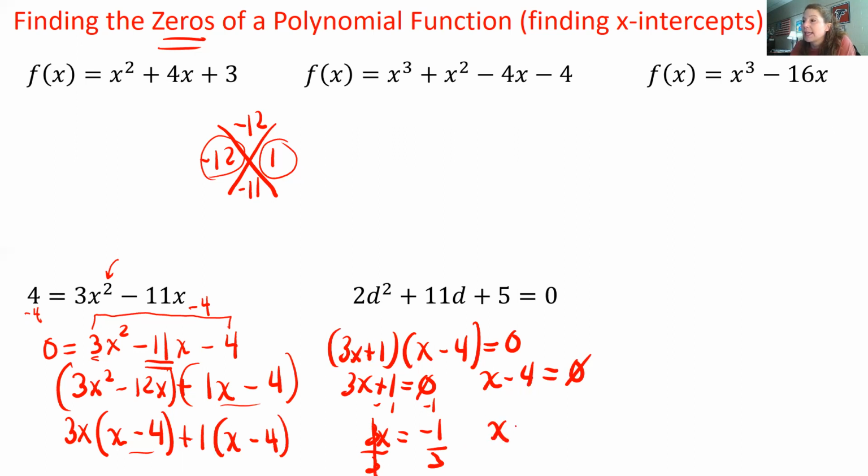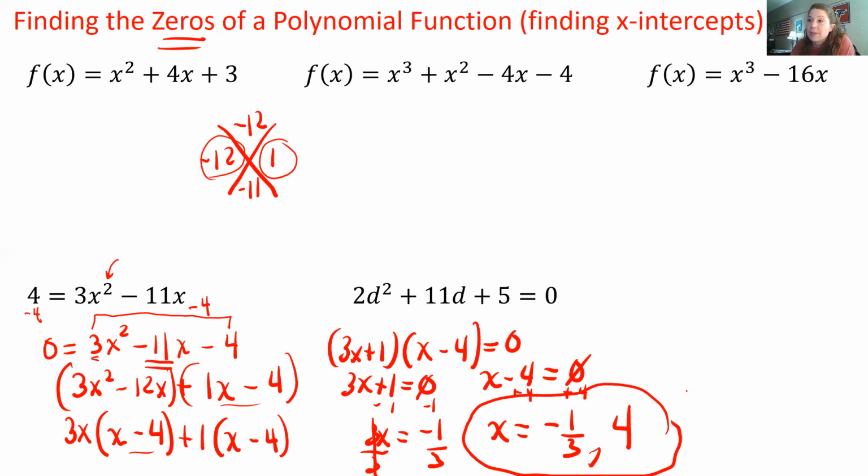So I end up with x is equal to -1/3. And then when I add 4 to both sides on this one, I also get +4. So those are my two answers, and it makes sense that I got 2 answers because my leading exponent was a 2. My degree is a 2, I guess I could say.